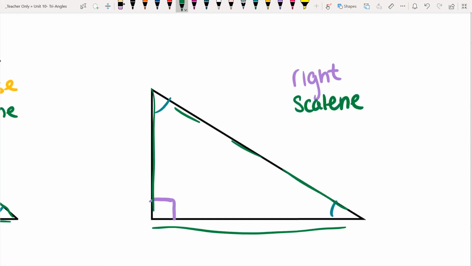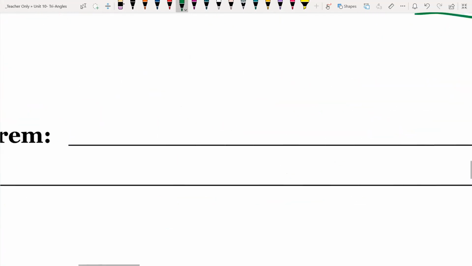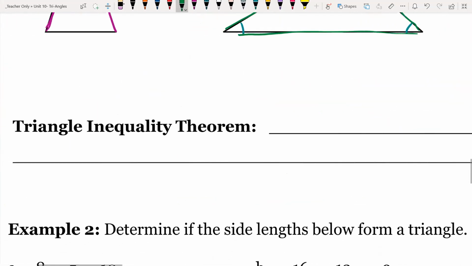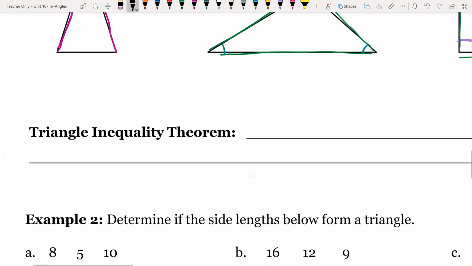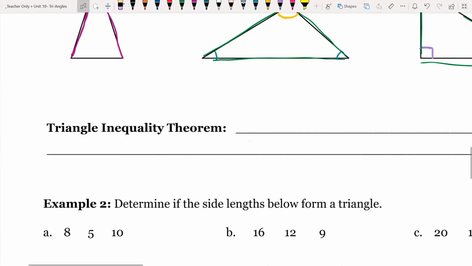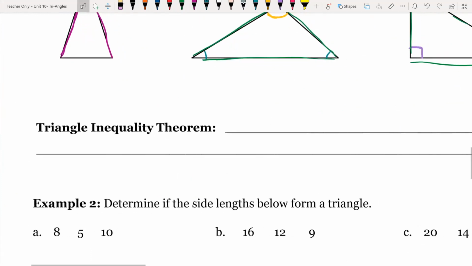Okay. So now let's talk about a theorem that we have. The triangle inequality theorem helps us determine if given sides form a triangle.